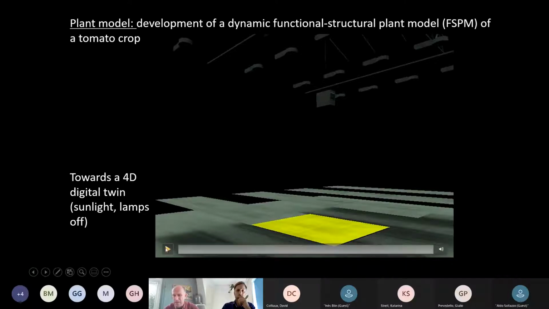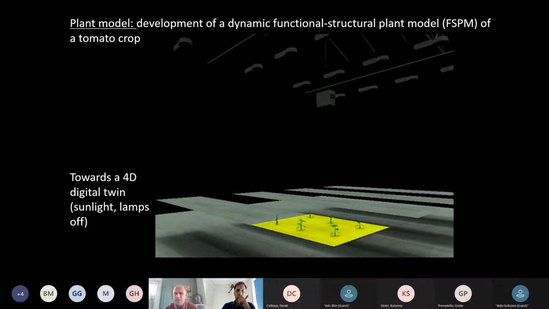And you can see by clicking that we now have, as an example, 6 plants growing there, underneath a couple of lamps. And basically, this is what we need for our digital twin.